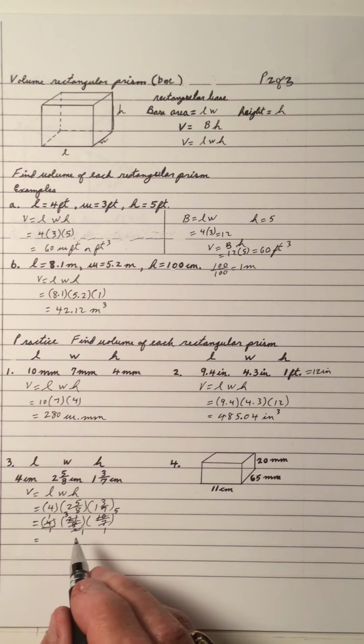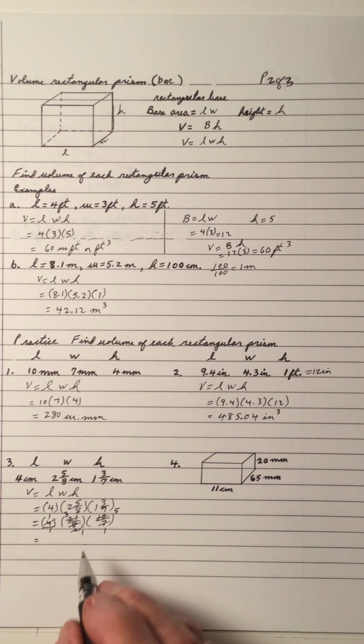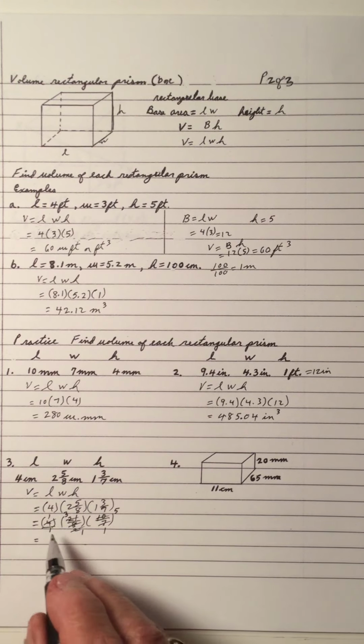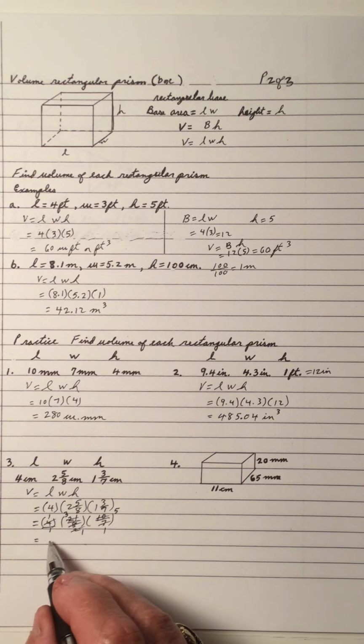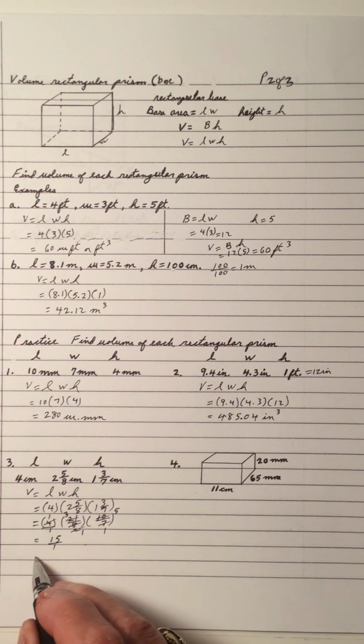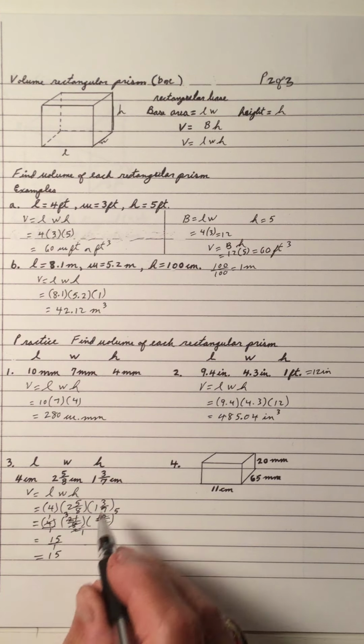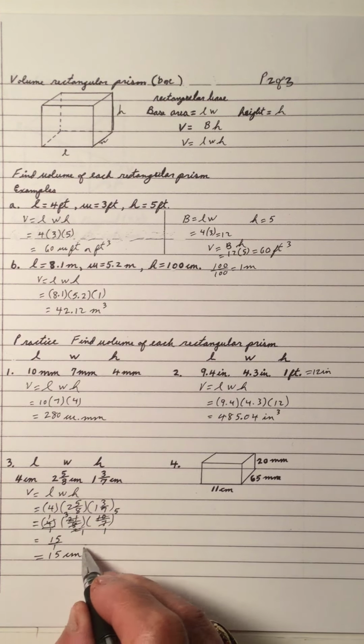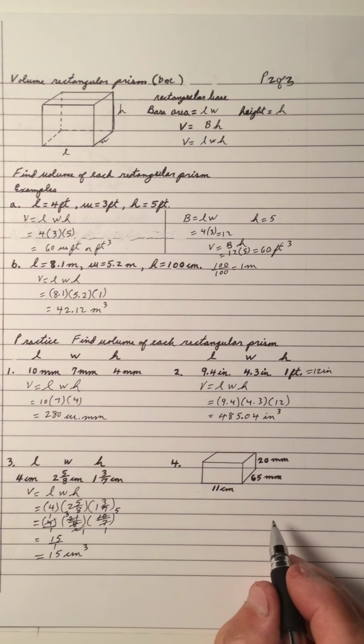When you're canceling fractions, you cancel anywhere from top to bottom, provided you're multiplying. So 1 times 3 times 5 is 15. And 1 times 1 times 1 is 1, so that's 15, and it's in centimeters, so the volume is centimeters cubed, 3 dimensions.